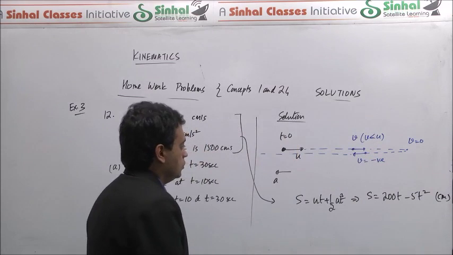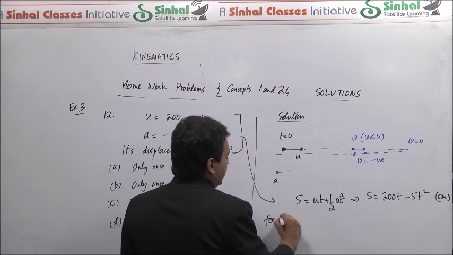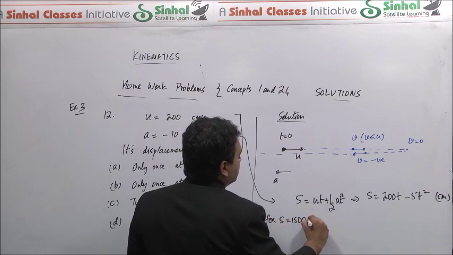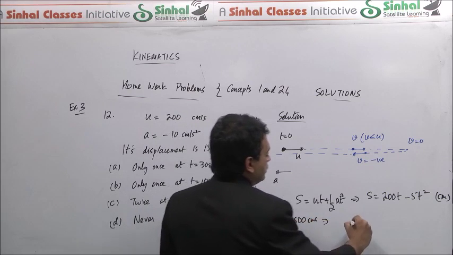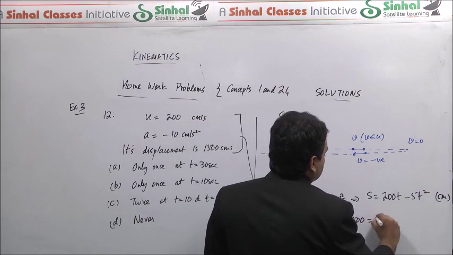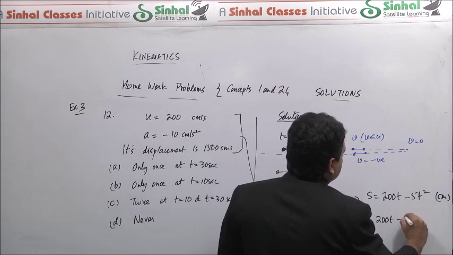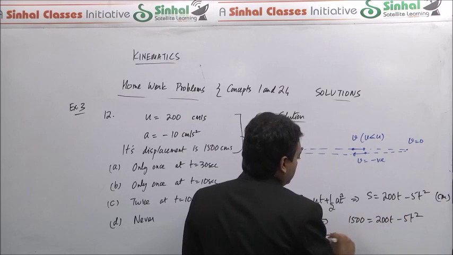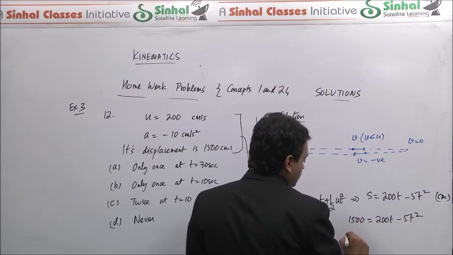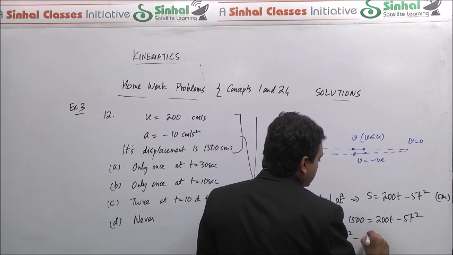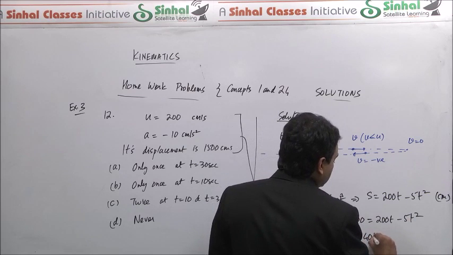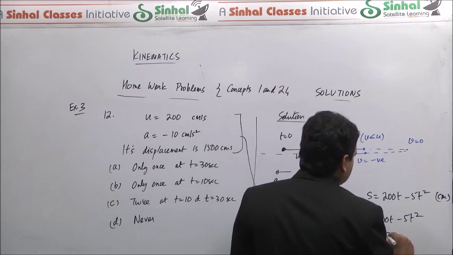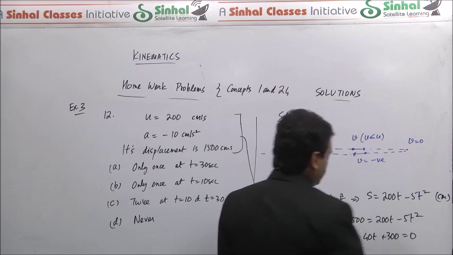Right? So for s equal to 1500 centimeters, the equation that we have is 1500 is equal to 200t minus 5t square, or you can simplify this equation so that it becomes t square minus 40t plus 300 is equal to 0.